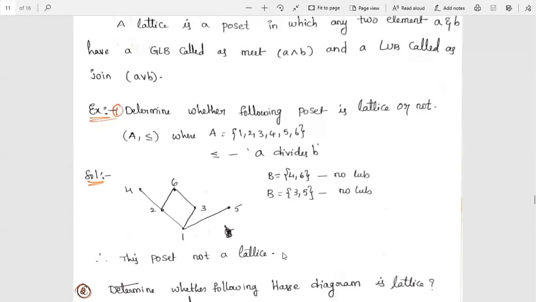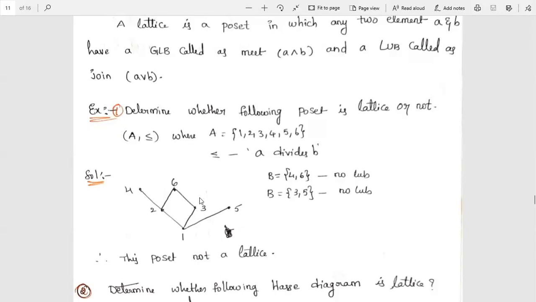In this Hasse diagram, what we have to check is whether the given poset has a greatest element and a least element. Suppose I take the first pair, any pair we have to consider. If every pair has a greatest lower bound and a least upper bound, then we say that the given poset is a lattice, otherwise it is not a lattice.